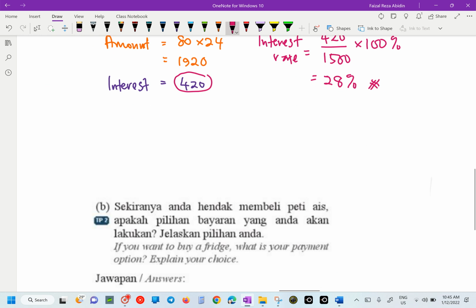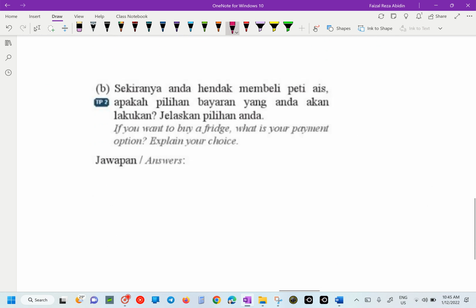Next, B. If you want to buy a fridge, what is your payment option? It depends. If you have cash, proceed with cash.